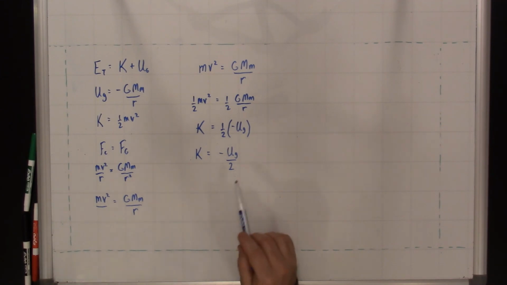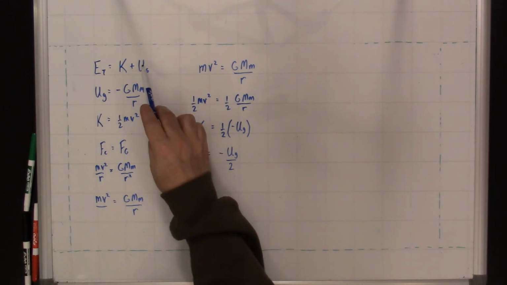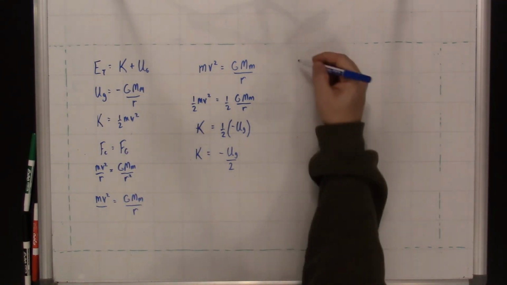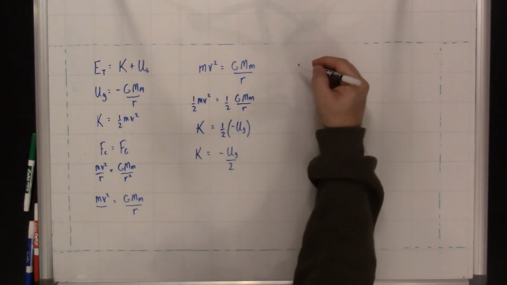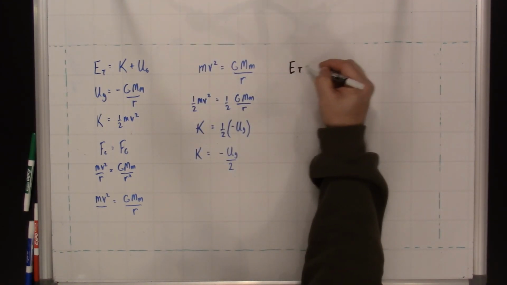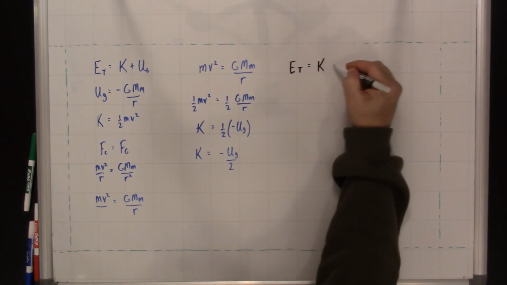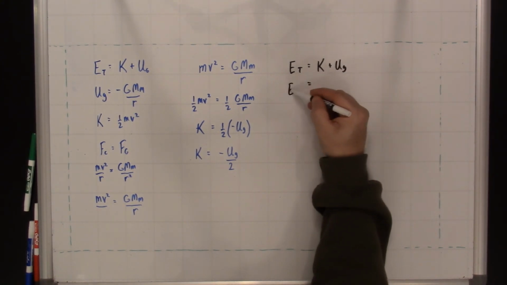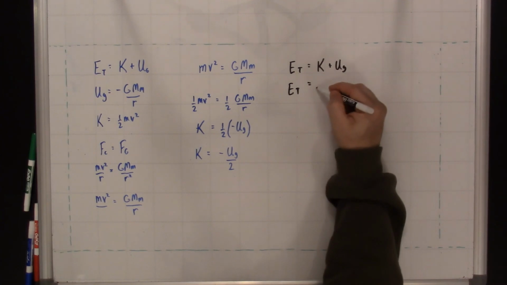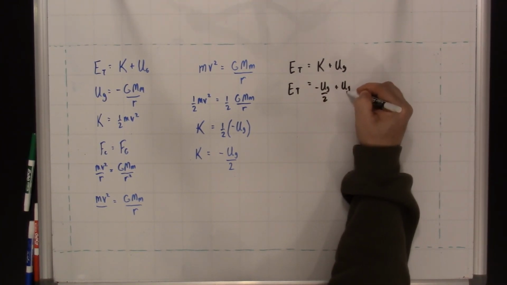It's even weirder if I take this and plug it into this E total equation here. I'm going to substitute in right here for this K. This is negative U_G over 2 plus U_G.